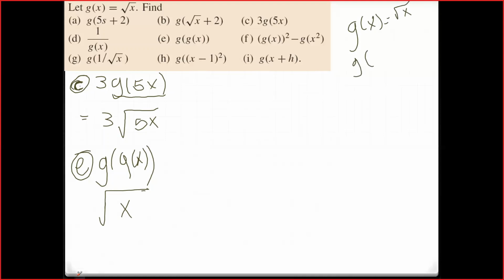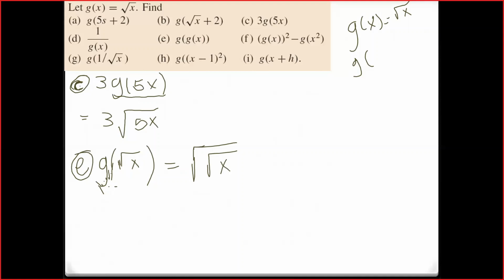Instead of g of x, I want you now to clear it. Clear g of x and write square root of x. So how will it be now? It will be square root. No, square root of x.